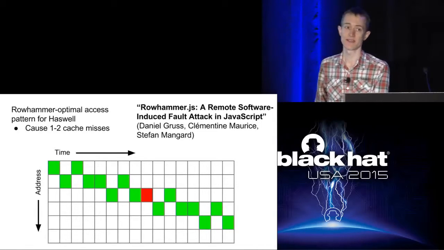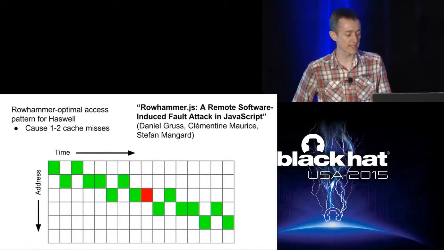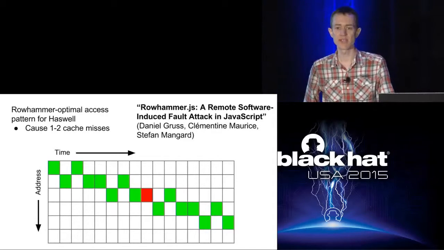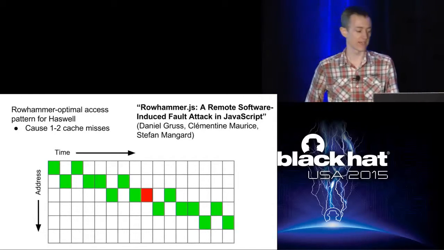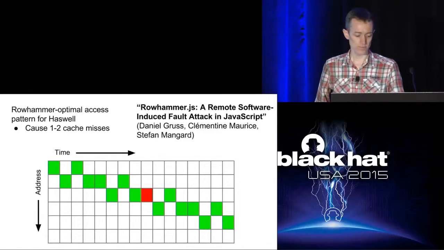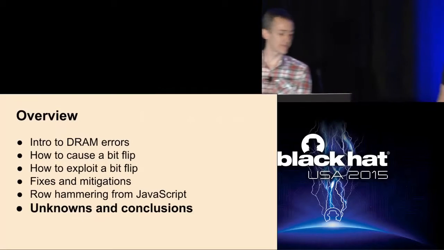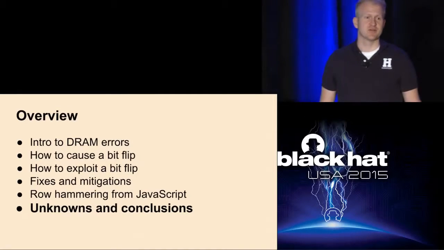So I think the remaining thing that will be interesting to see is if we can also cause Rowhammer bit flips on ARM devices, which I don't think anyone has really tried hard to do yet. Given that the average quality of DRAM in cell phones is likely to be worse than in laptops, that may be interesting.